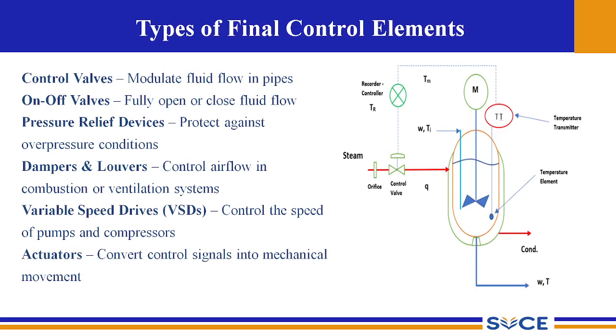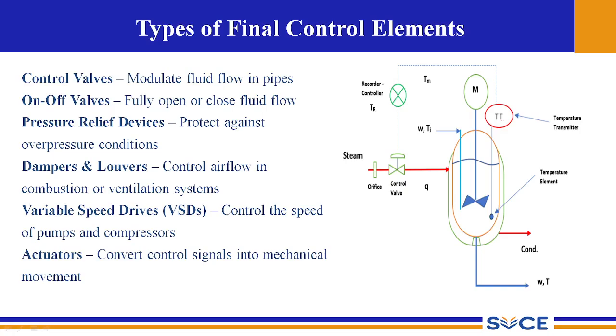Here the control loop is given in the form of the recorder controller, which will be measuring the temperature. M is the measuring instrument to measure the temperature, and TT stands for the temperature transmitter.